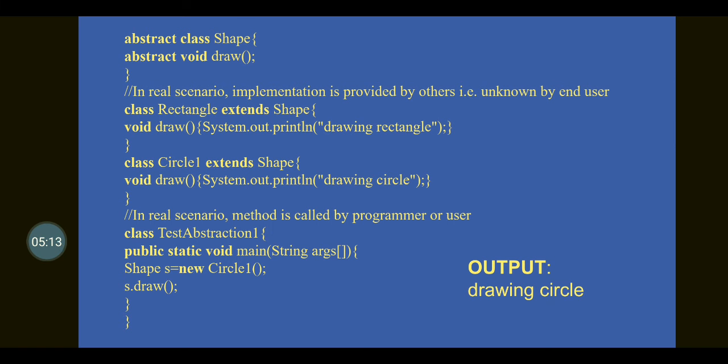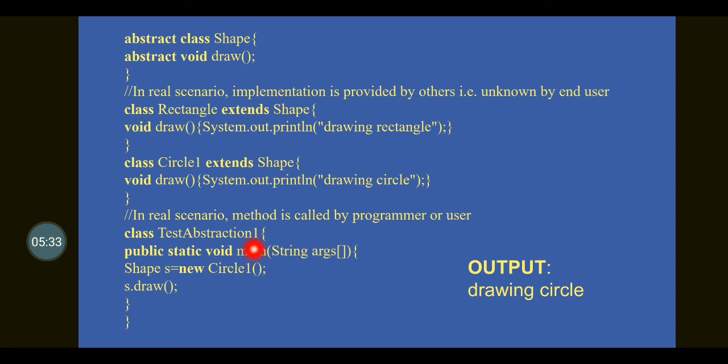So let us have our main method class. In the main method class we have declared the object for the abstract class. In the rules we have seen that the abstract class cannot be instantiated, so it is not possible to give new Shape().